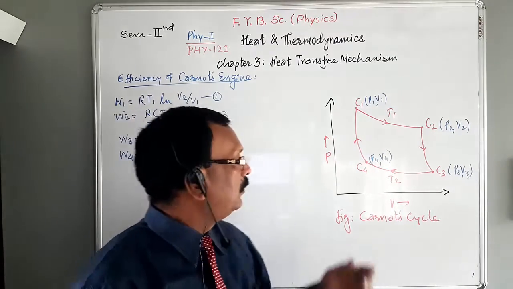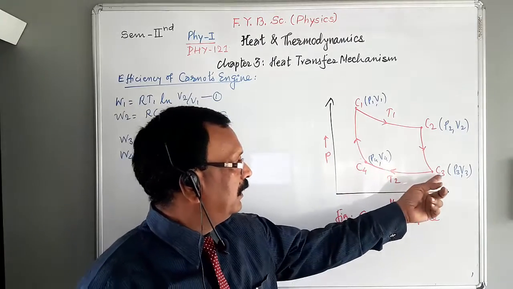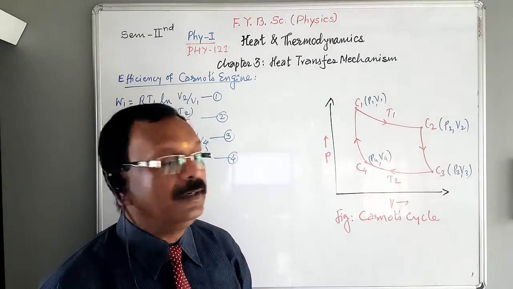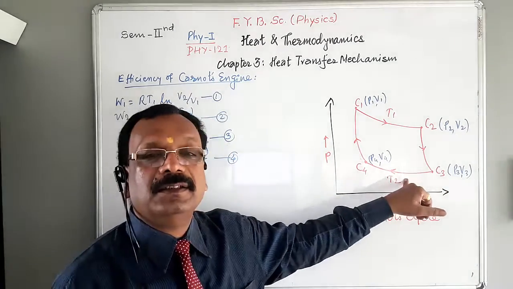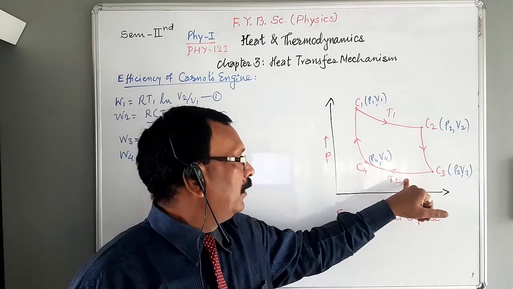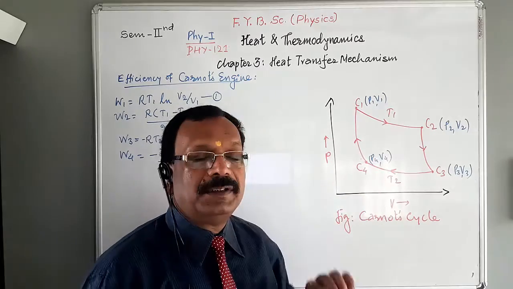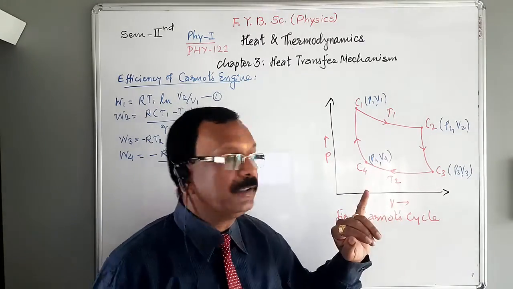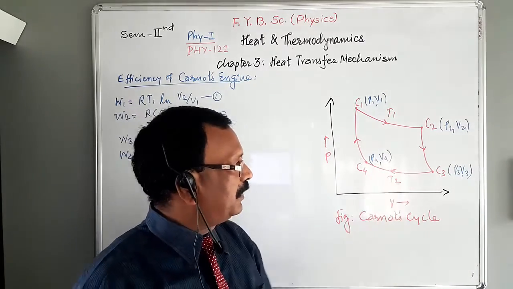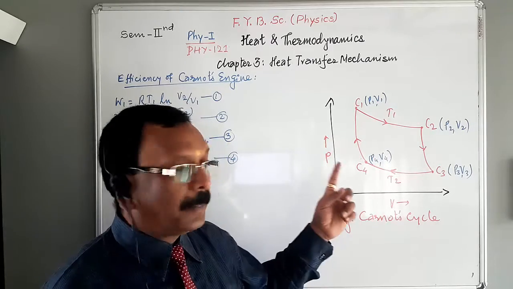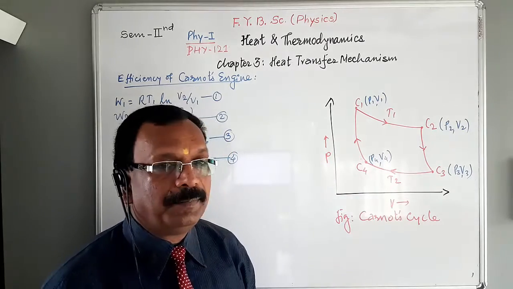Okay. Now the third operation of Carnot cycle is C3, C4. This is nothing but the isothermal compression. Now during this change, it takes place at constant temperature.